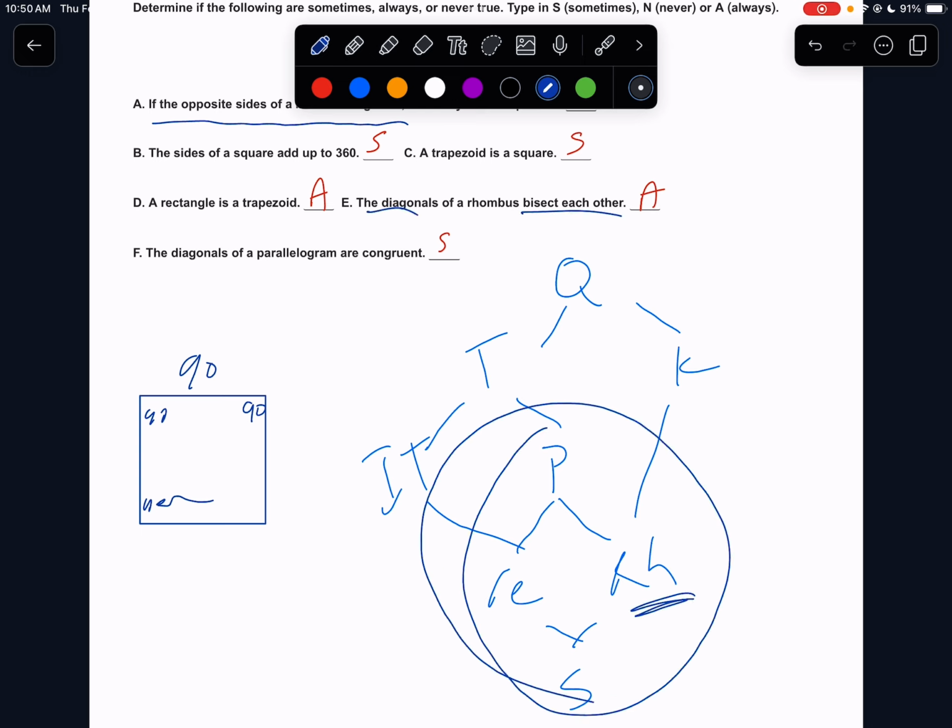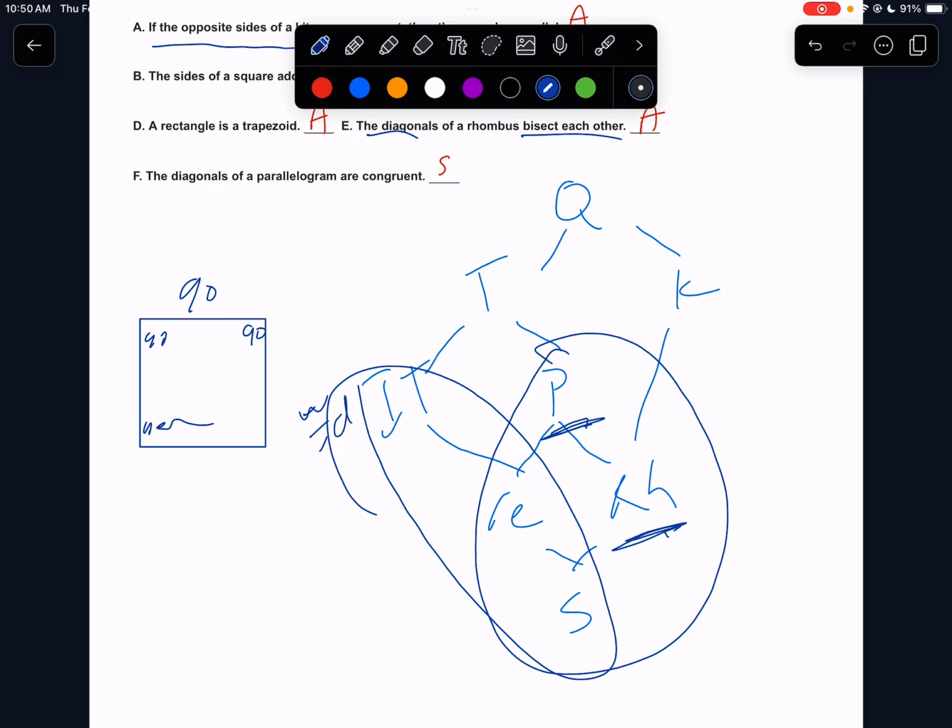Well, is a rhombus a type of parallelogram? Yes, always. And then the diagonals of a parallelogram are congruent. Here's my parallelograms. Over here, we have congruent diagonals. So does every parallelogram have congruent diagonals? No. There are 2 shapes classified as parallelograms that don't have congruent diagonals. But 2 of them do. So that's sometimes.